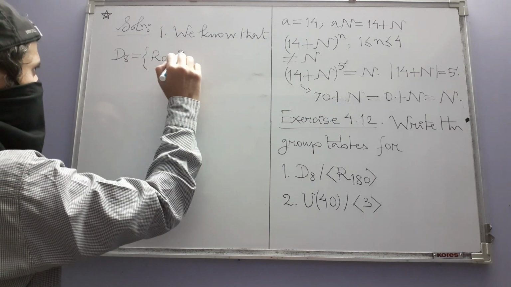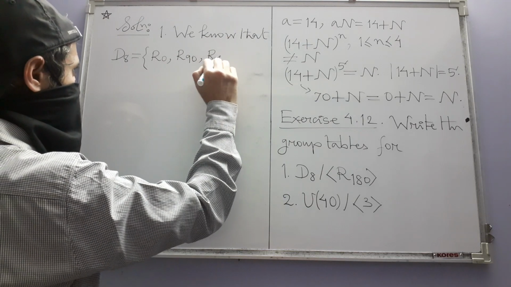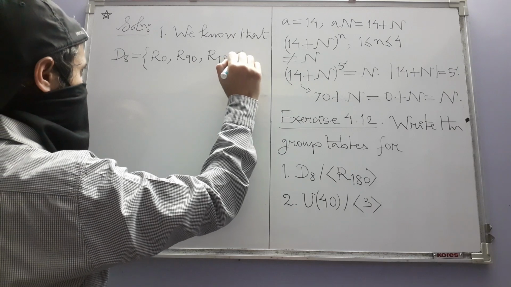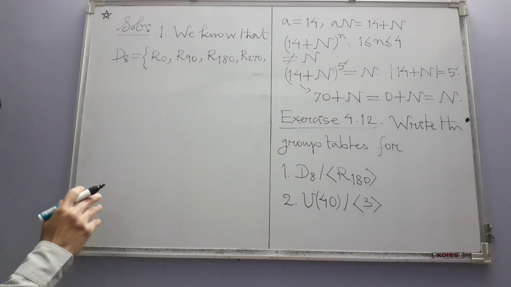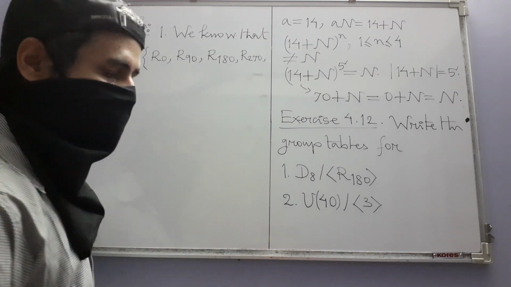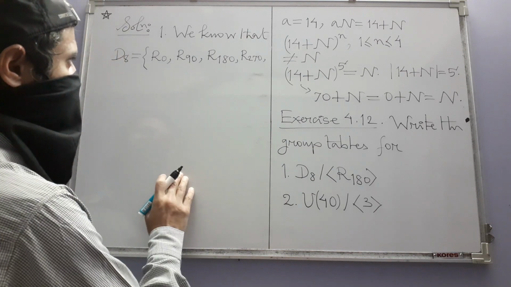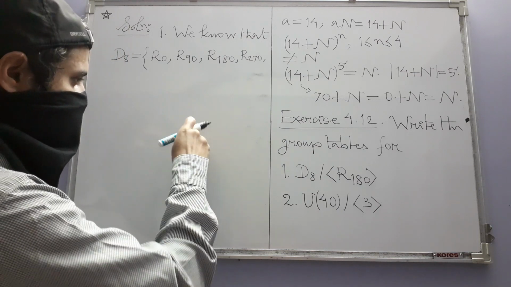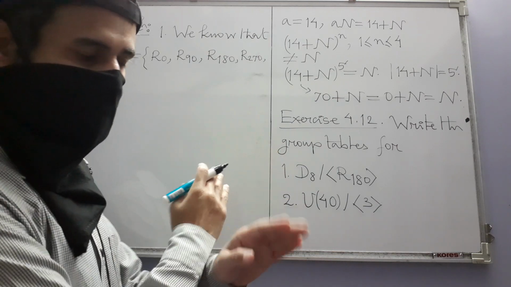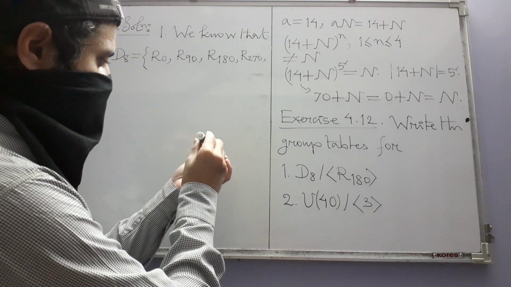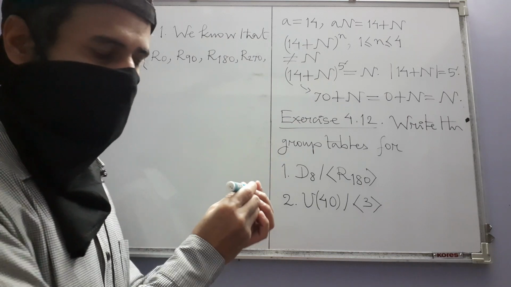4 rotations, where the suffixes denote the angles through which you have to rotate, and you are rotating what? You are rotating a square about its central point, which is the point of intersection of the 2 diagonals, and about the axis that passes through the plane of the square perpendicularly.